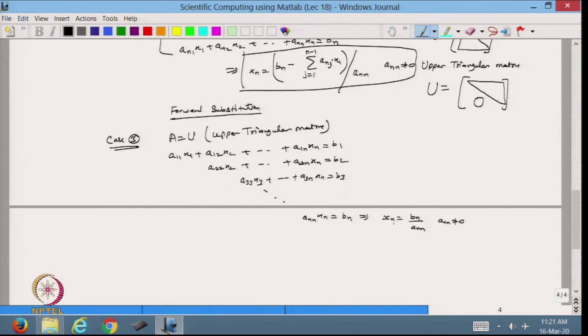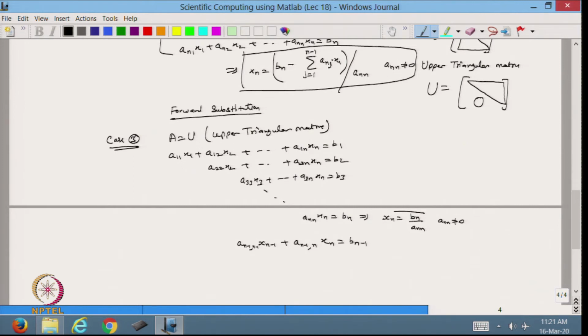Now, if I am able to find the value of xn, the equation before that will be a(n-1)(n-1) x(n-1) plus a(n-1)n xn is equal to b(n-1).